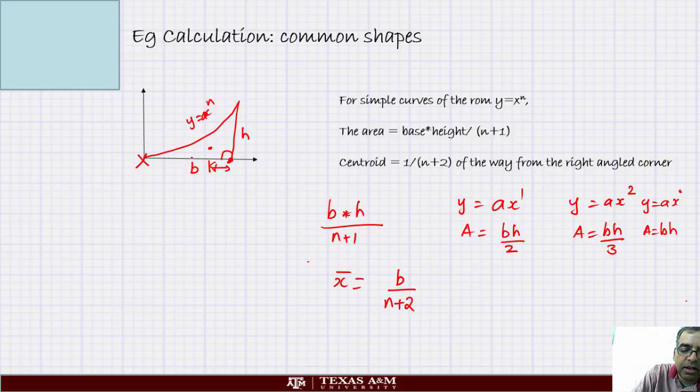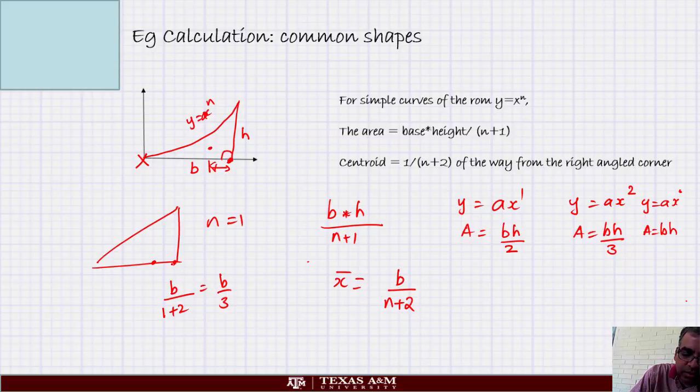So for example, if you look at a triangle, n equals 1, so it will be base divided by 1 plus 2, which is base over 3. So it is 1/3 of the distance from the corner. If it's a parabola, y equal to a x squared, n equals 2, and so you'll get b over 4. So it's 1/4 of the distance from the corner. This is just a quick idea.